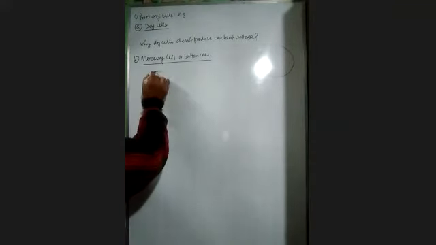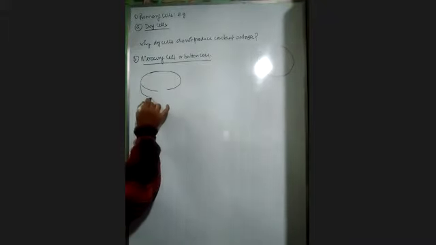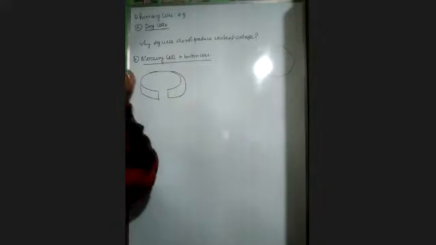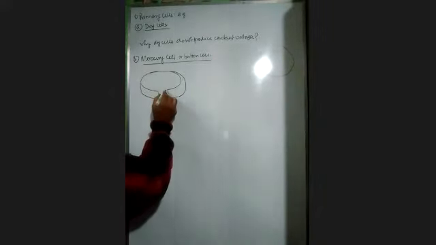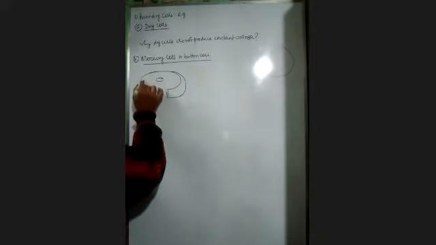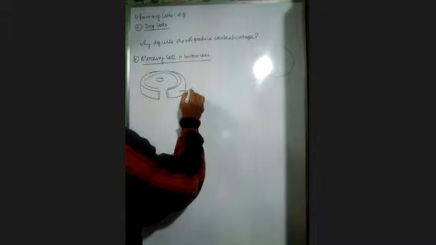Again, my drawing will be very bad. This is the one. See here, outside is made of steel. Inside, we can write it here, steel jacket.